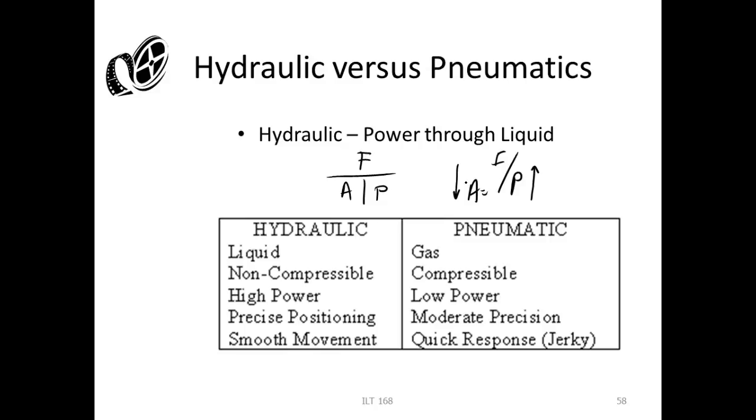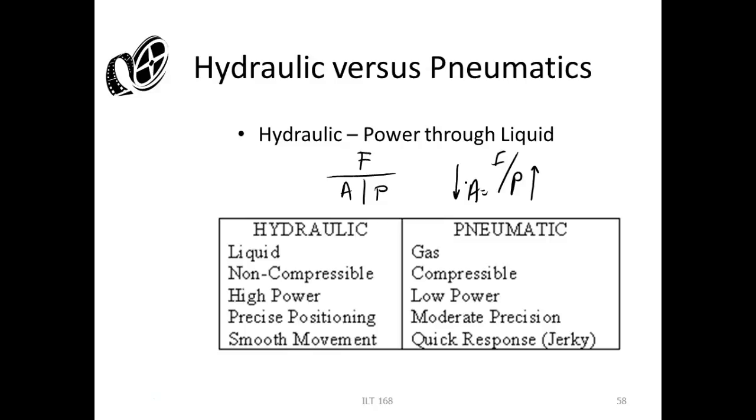And we don't get quick response. Sometimes we get a jerky response. We'll talk about that. Because I've got an actuator using a compressed gas, as soon as the actuator moves, the gas is going to try to uncompress and then compress back. So if we don't do some things, pneumatics creates a real jerky motion.